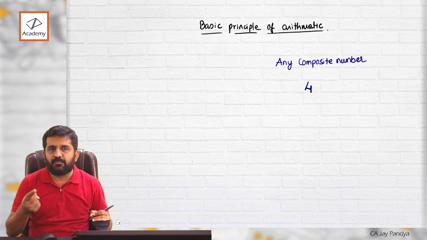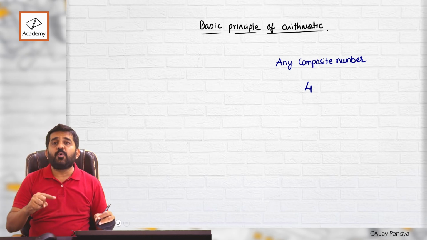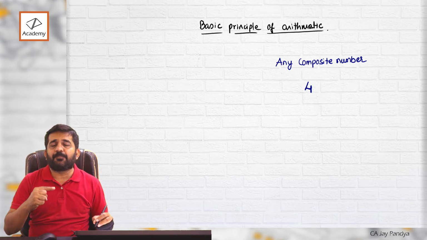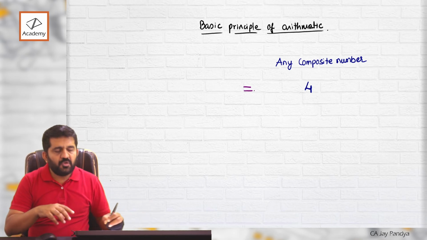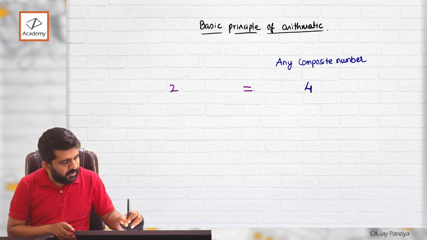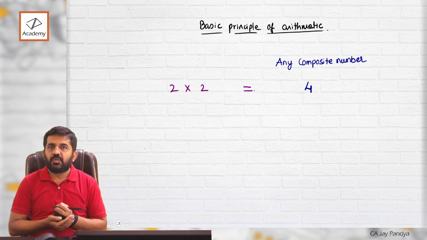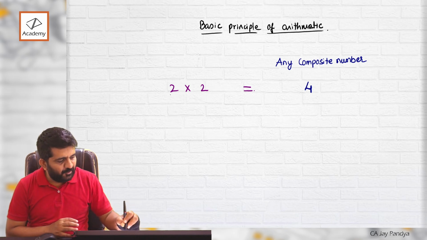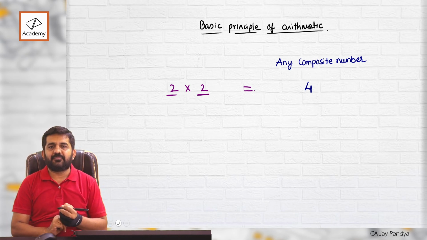Right? 4 is a composite number. How it can be determined as a product of some numbers: 4 is equal to 2 into 2. Right? Believe me, this 2 is a prime, even this 2 is a prime.